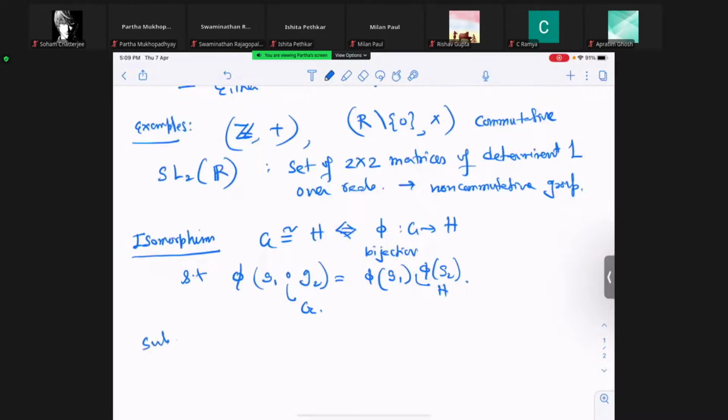Also we have the subgroups. A subgroup, as the name suggests, is a subset that is a group under the group operation. For example, SL2R, usually for the subgroup we use this notation, is a subgroup of GL2R. This is the group of all invertible matrices.